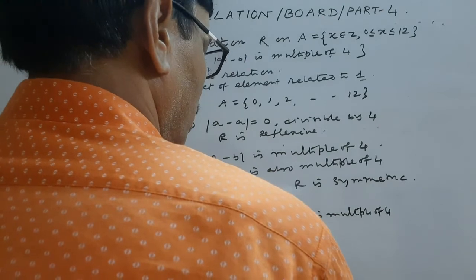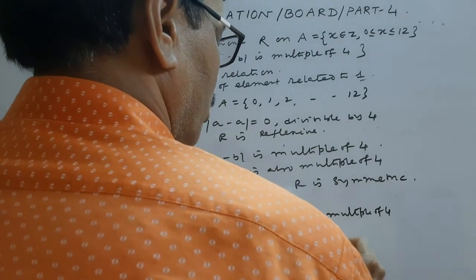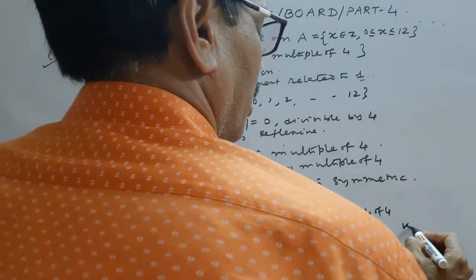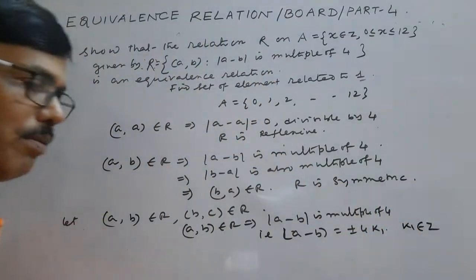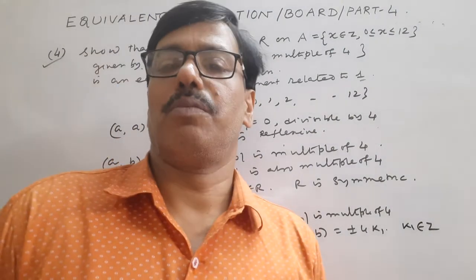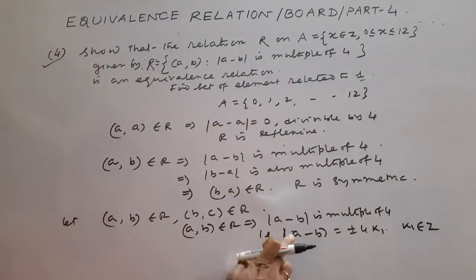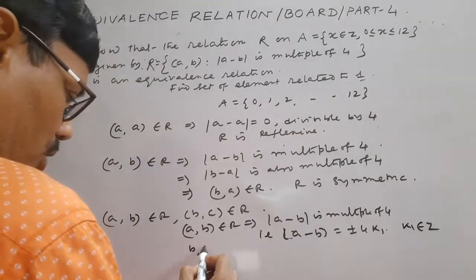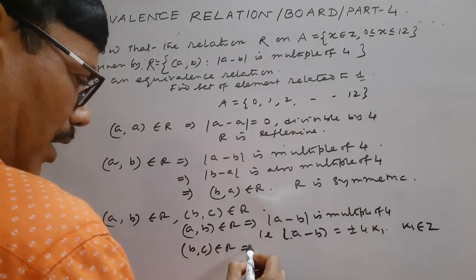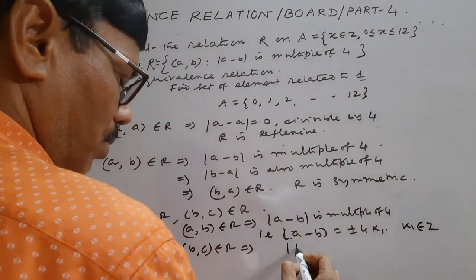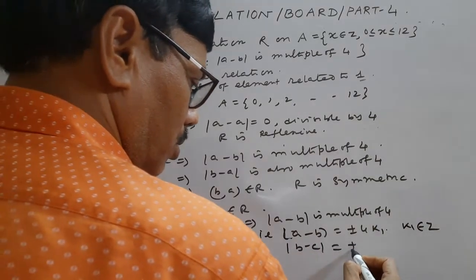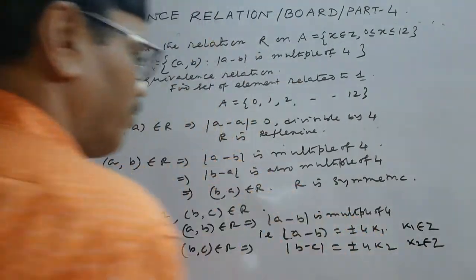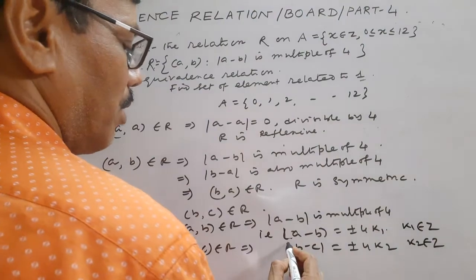That is, A minus B equals plus minus 4K1, K1 belongs to Z, a multiple of 4. If you omit mod, we get plus minus. So BC belongs to R implies mod B minus C is a multiple of 4, so plus minus 4K2, K2 belongs to Z. So this is B minus C.